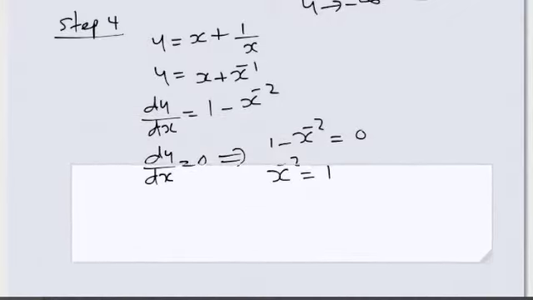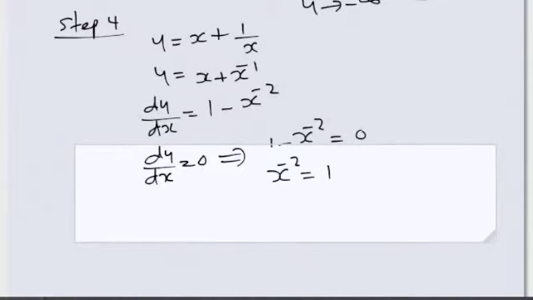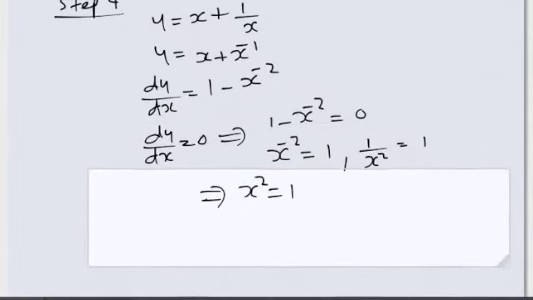In other words, 1 on x squared is equal to 1, which implies x squared is equal to 1. So x is either plus or minus 1. So we have stationary points at x equal to 1 and minus 1.